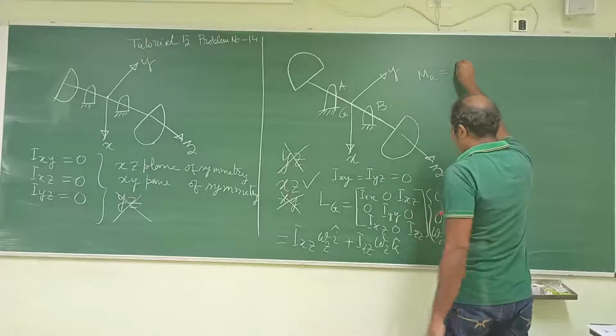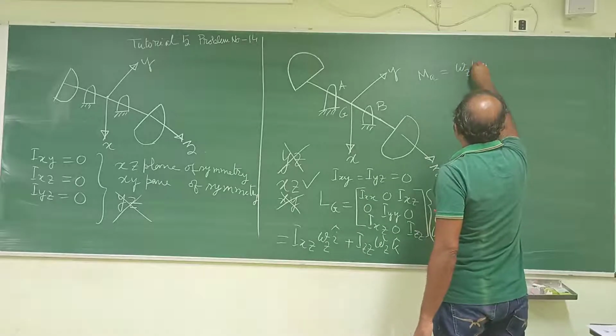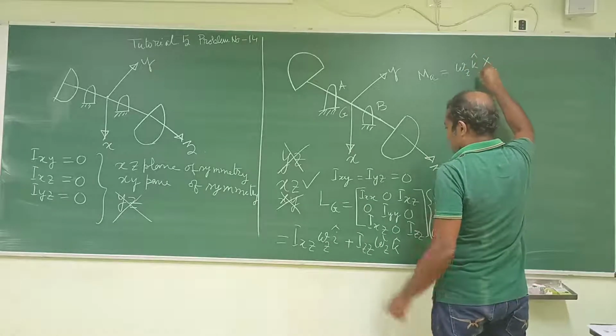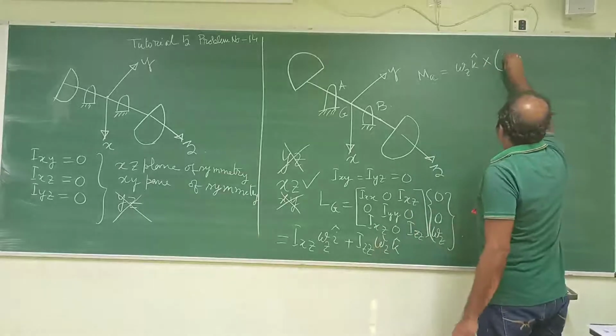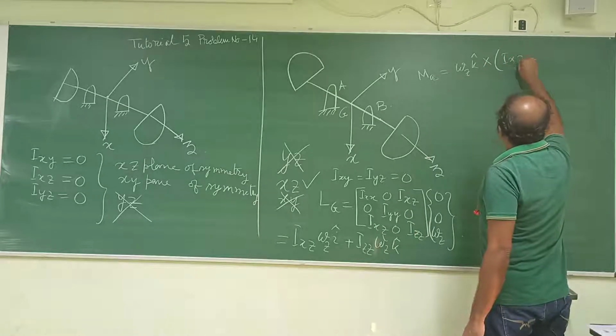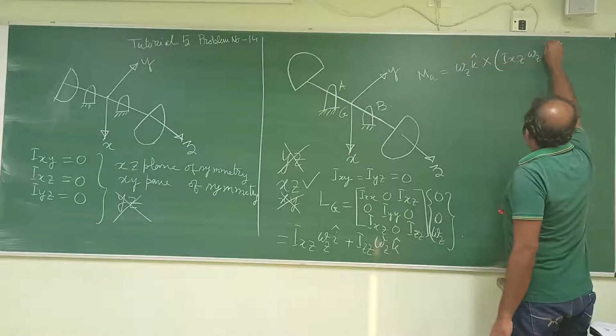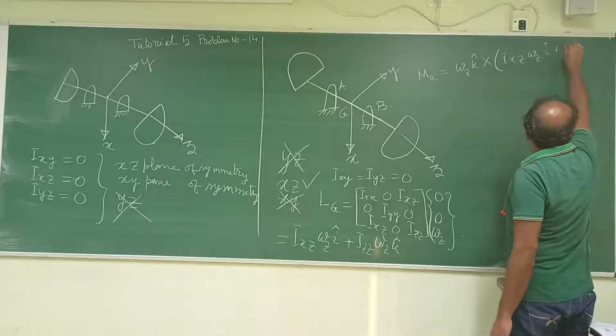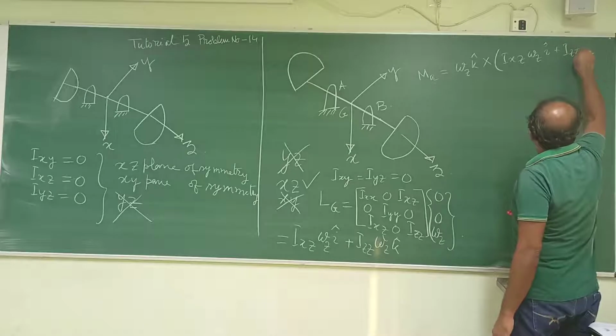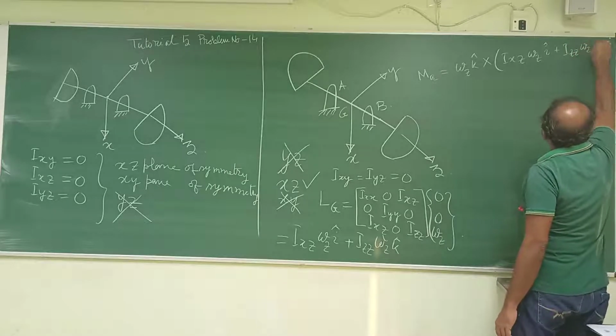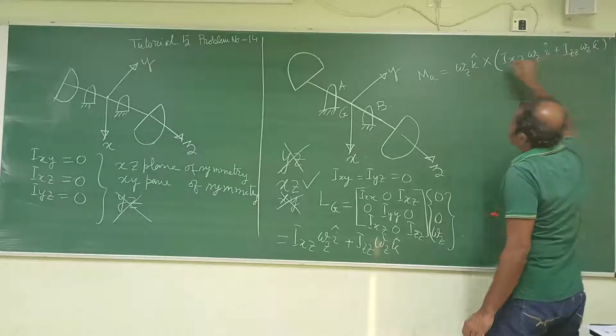MG is going to be omega z k cap cross this part: Ixz omega z i cap plus Izz omega z k cap.